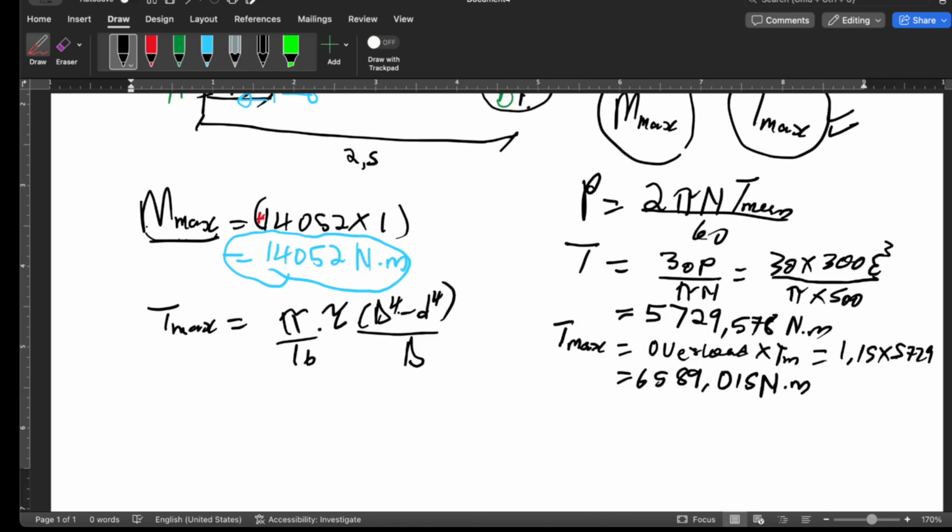The only difference is now, because we are considering both bending and twisting. For N5, we were only considering twisting. You were not considering bending. So this time around, you are no longer going to substitute T max. You are going to substitute T equivalent, equivalent torque instead of T max. So the question is, how do we calculate equivalent torque?